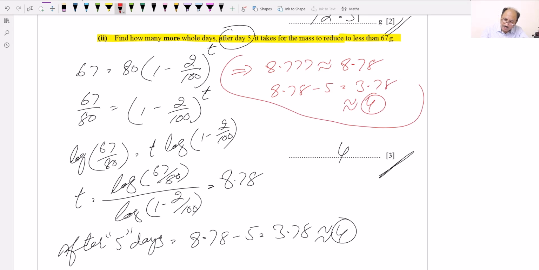So you can show this working, or if you think that this will be insufficient working, then the log process I have already explained you, but 3 marks is for this question. I have given you both methods, whatever you like you can follow.